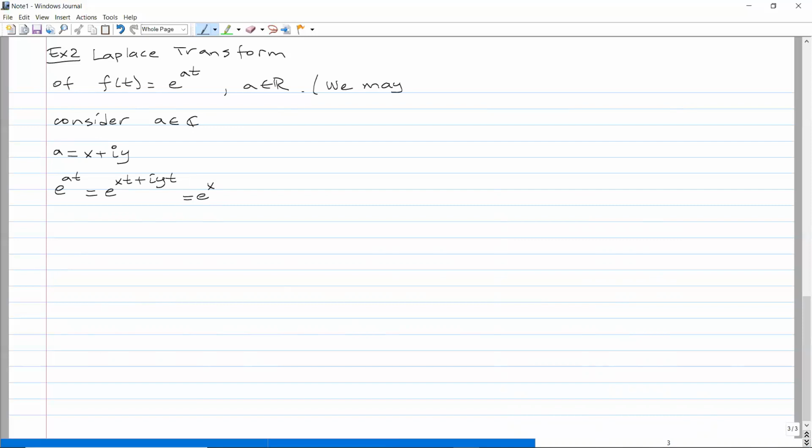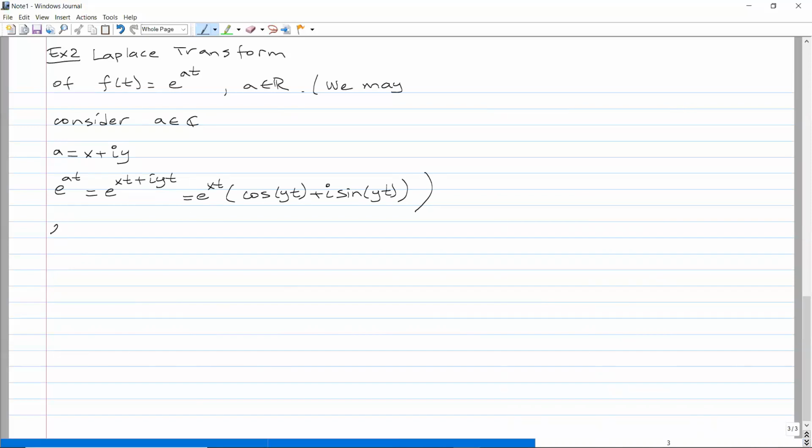So e to the xt times e to the i times yt, remember, is cosine of yt plus i times sine of yt. We already know this, so instead of a real number a, we can consider a complex number a. It doesn't affect our computations.